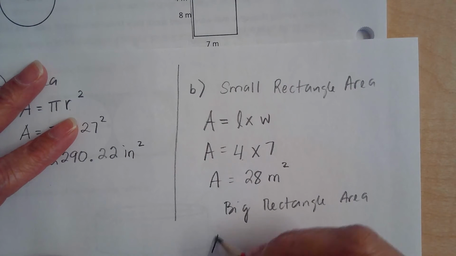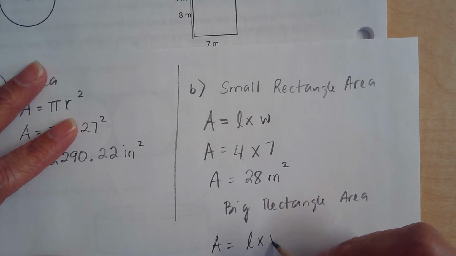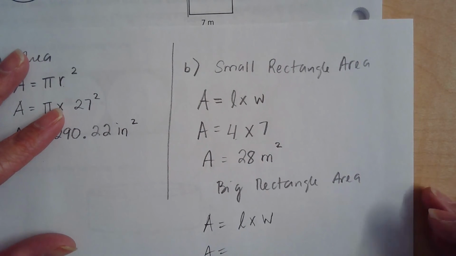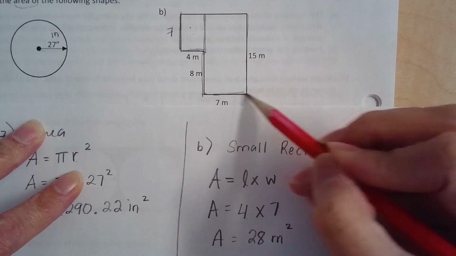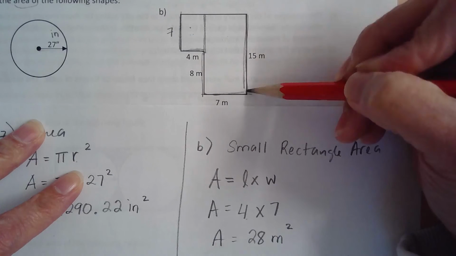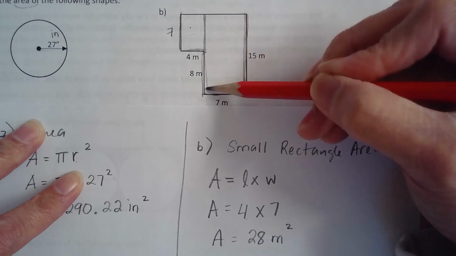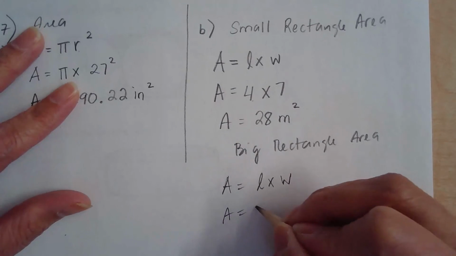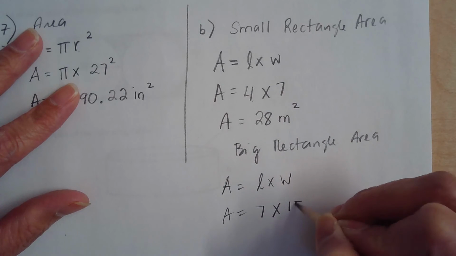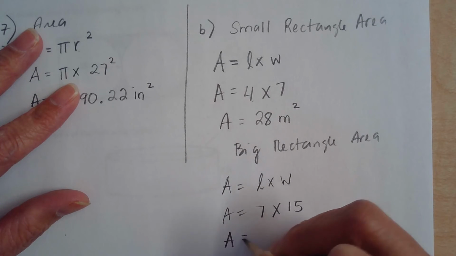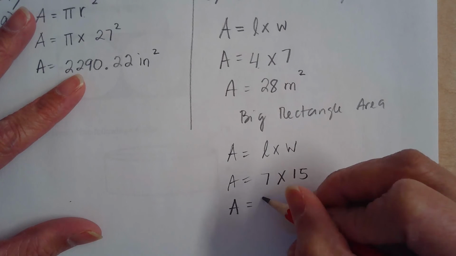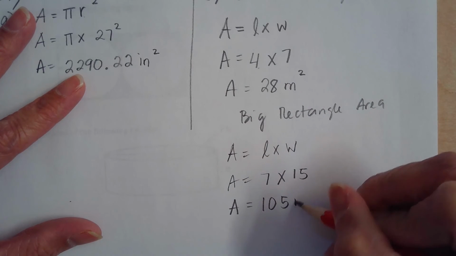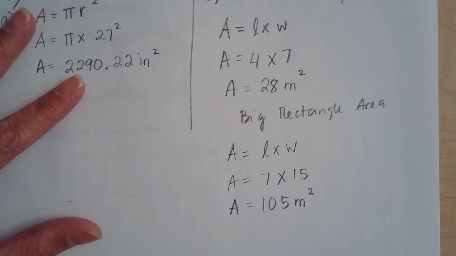Same formula. Area is length times the width. Going back to this one, the length would be the 7, and then the width would be 15. So it's going to be 7 times 15. It's going to be 105 square meters.